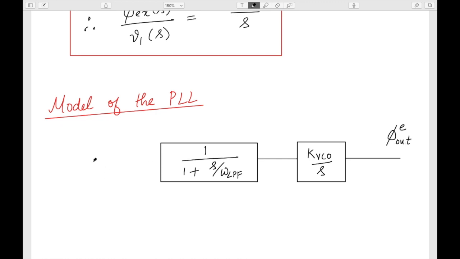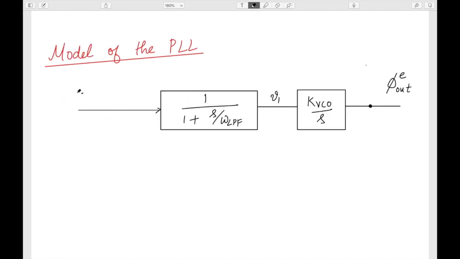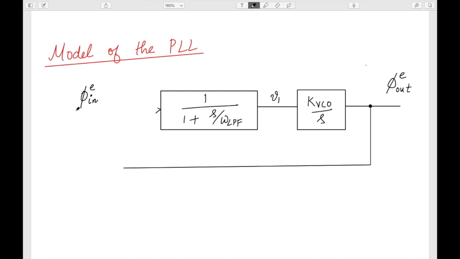Similarly on the input side, if there is a change in the input phase, we represent it by phi in E. And of course there is a feedback part.